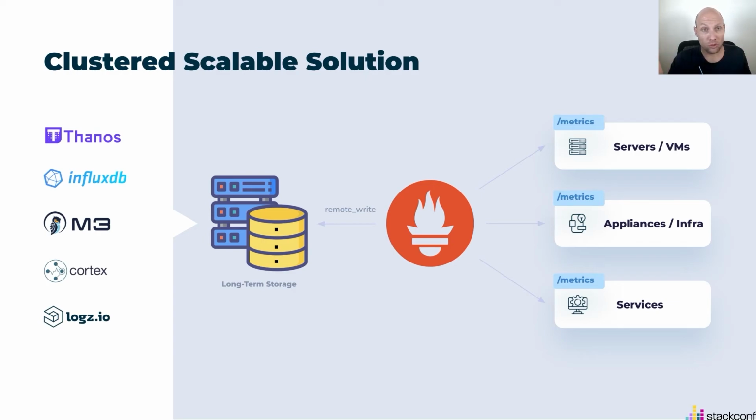Many of these are open source solutions, such as the M3 that we use, and InfluxDB and Thanos and Cortex. By the way, both Thanos and Cortex are projects under the CNCF, and they have a lot of interaction between them, and also, of course, proprietary services such as logs.io.